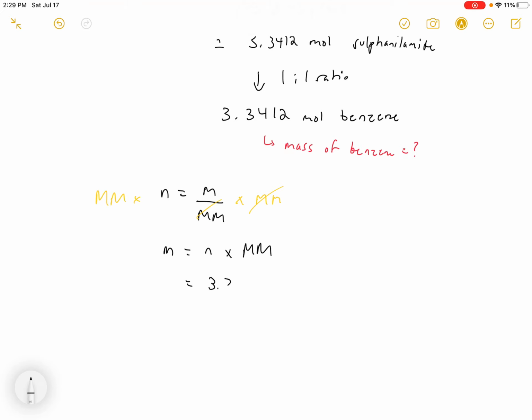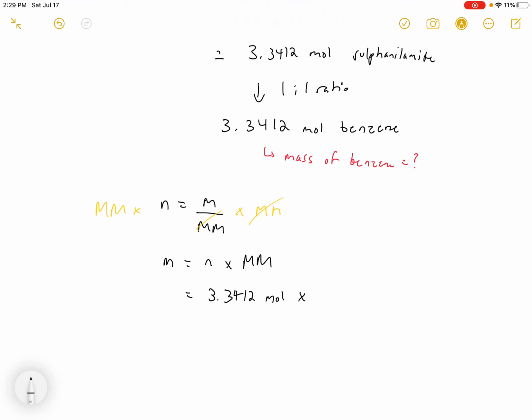So we know we have 3.3412 moles of benzene, and then the molar mass of benzene, which is C6H6. On a quiz or test you would just be given this information, but in homework you can just look it up on Google.